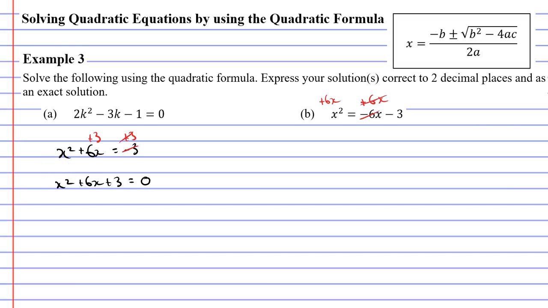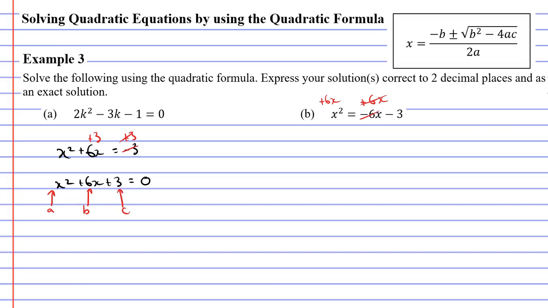Now the order of this is very important. You really want your pronumeral squared at the beginning, you want your single pronumeral in the middle, and you want your constant term on the far right, which is what we have here. The reason we need that is a is the number in front of the x squared, b is our 6, and c is our 3.